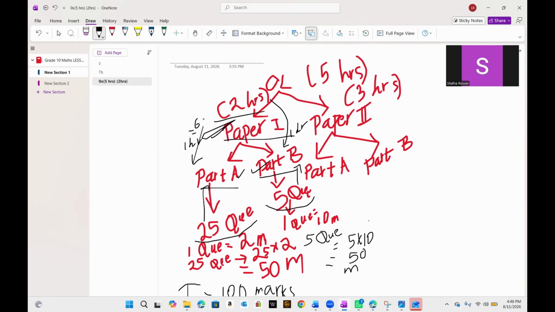You have around 60 minutes. When you have 60 minutes given for part A and 60 minutes given for part B, now what should you think?